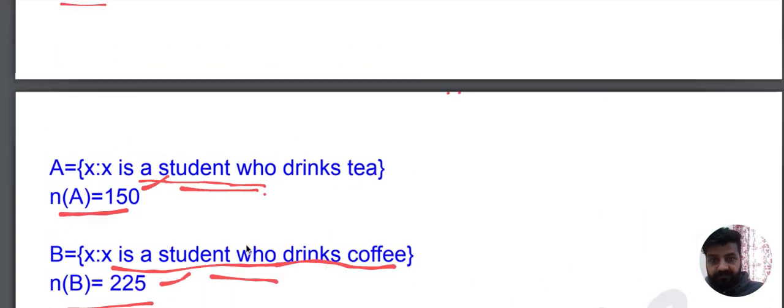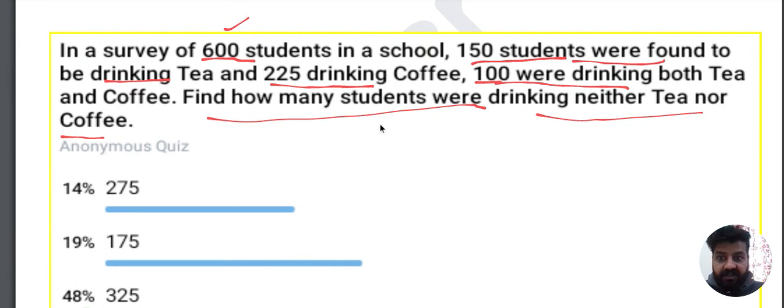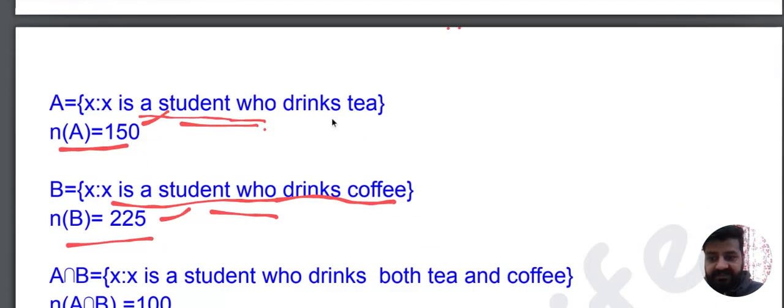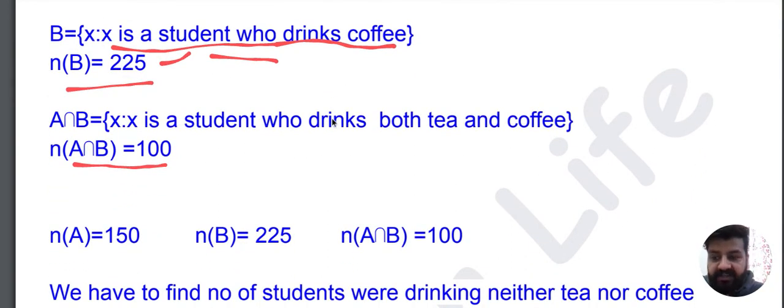Okay. And what did he ask in the question? He asked to find how many students were drinking neither tea nor coffee. So first we will write down all the sets: set A, set B and A intersection B. Now we have the values of n(A), n(B) and n(A intersection B).